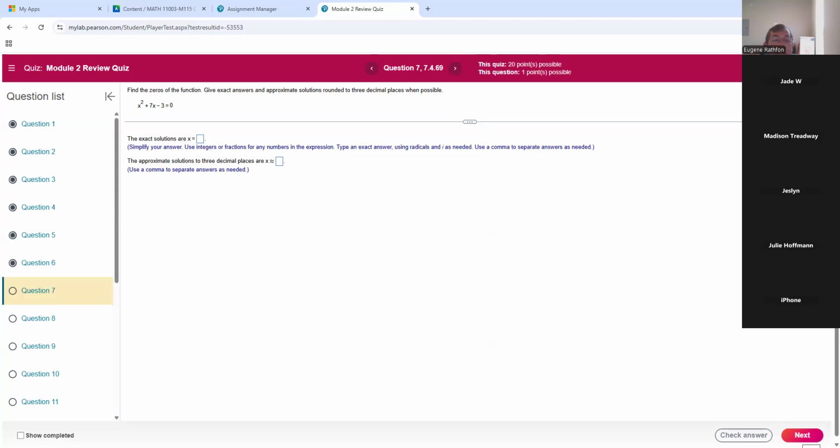Now notice it wants the exact solutions, which are using the square root radicals, and then it wants the approximate answers where I'm going to use decimals, okay? So let me get my answers first, and then I'll use the calculator to get them decimal approximations.